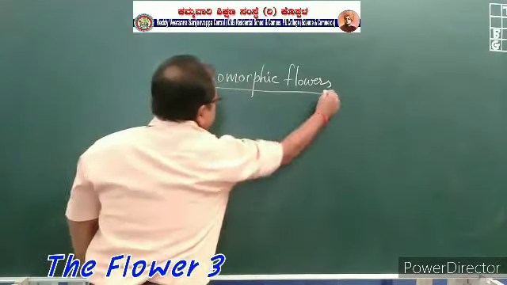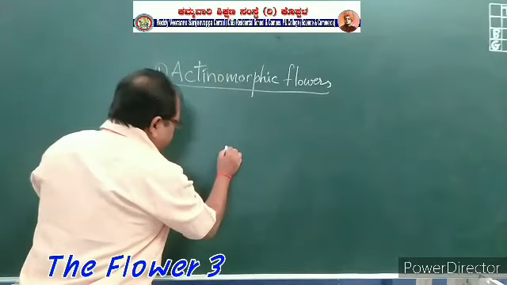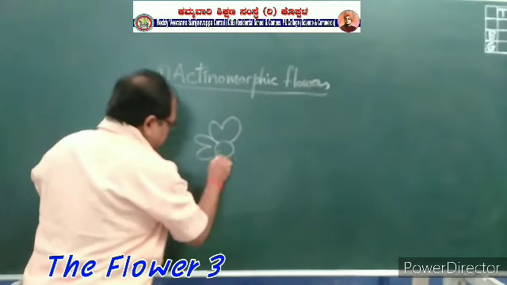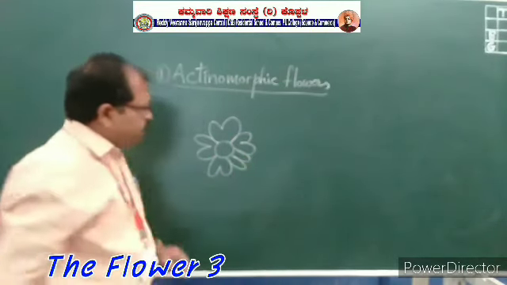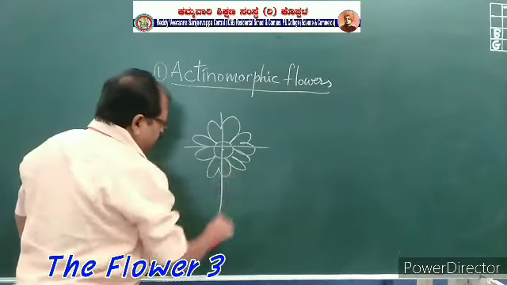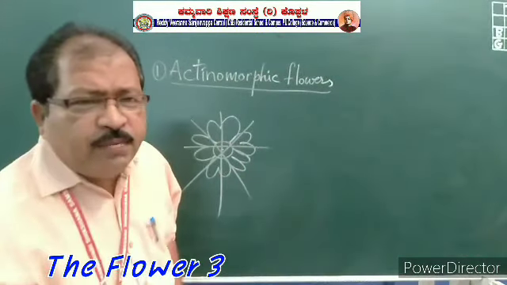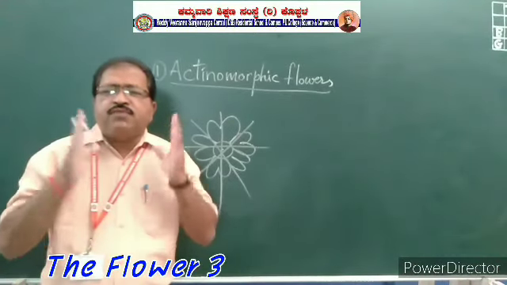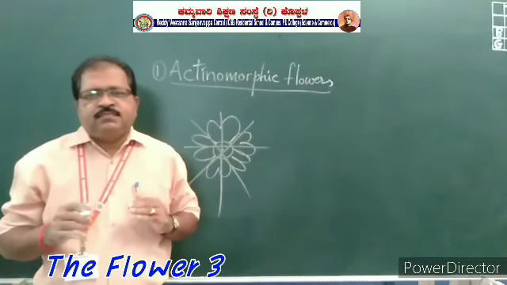In this condition, everywhere, if you take a radius, suppose you take a flower like this, in any direction, if you draw a line like this, you can make the flower into equal parts.